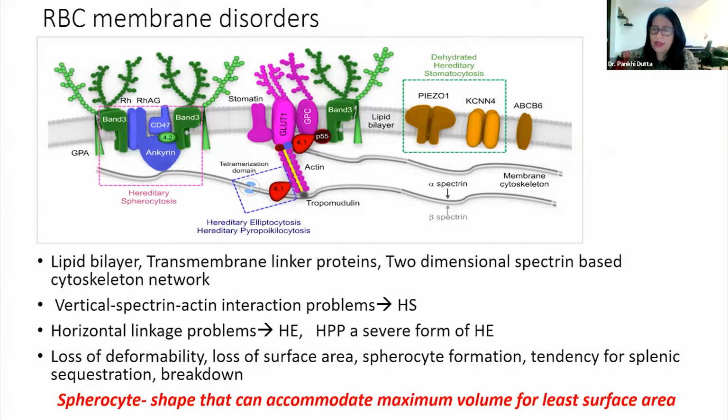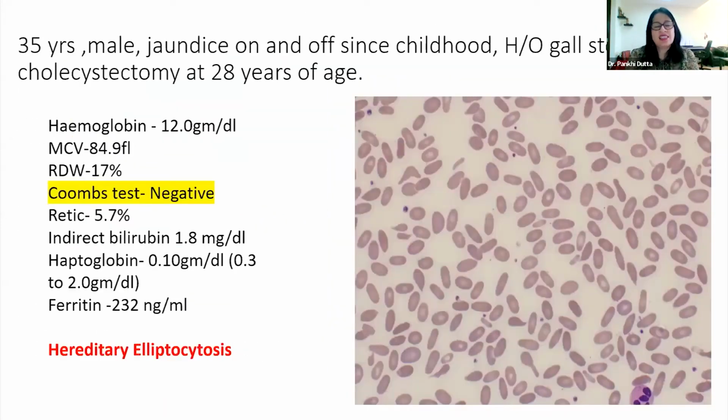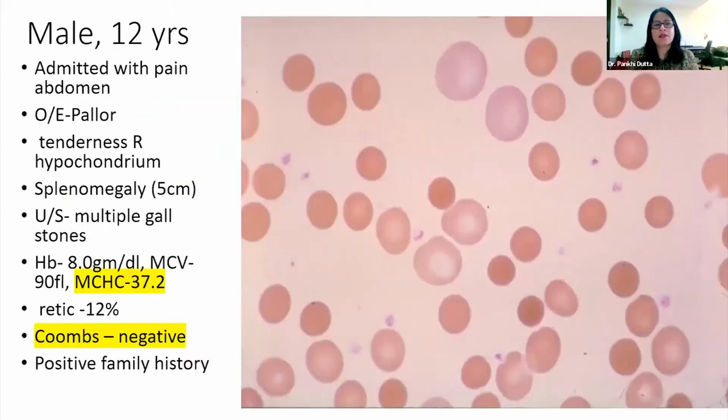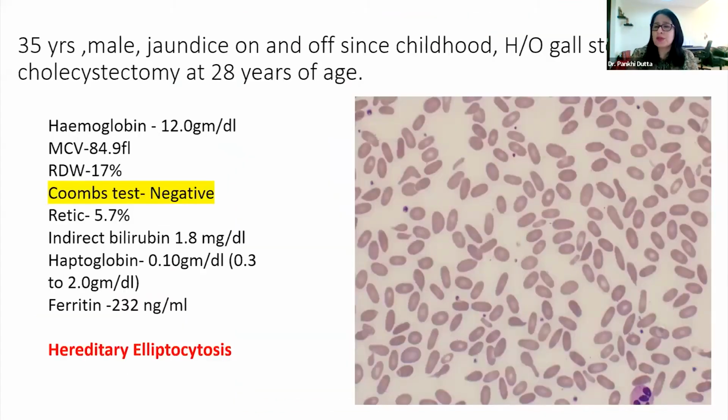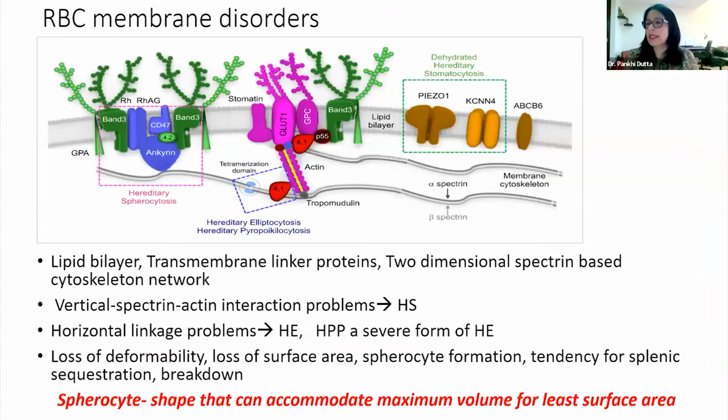Most of the time, when we have something like this and patient is okay so far, we are not bothered. Sometimes you might need to take a decision for splenectomy if the anemia is very severe or the person has an ulcer that is not healing and we want to take out the spleen.